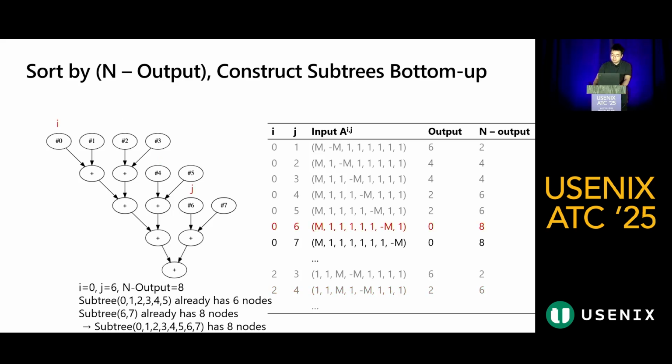Finally, in a similar way, the next smallest unexamined value in n minus output is 8 for i and j equals 0 and 6, which implies that the subtree rooted at the LCA of node 0 and 6 should have 8 leaf nodes. Since node 0 and 6 are currently in two different subtrees, one has 6 leaf nodes and the other has 2, we should merge the two subtrees after we add the parent node of the current roots of the two subtrees and add the corresponding edges. The entire summation tree is generated.